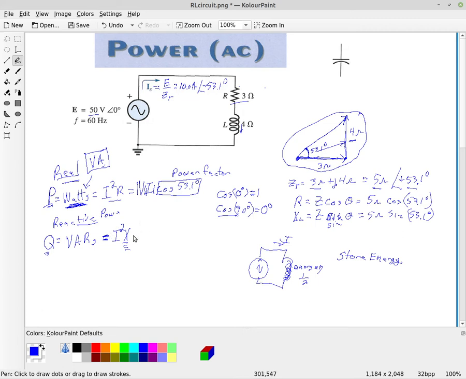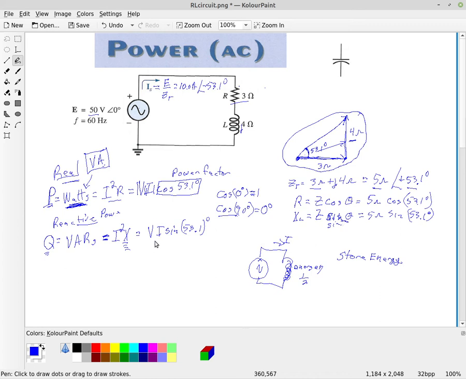You can calculate that by using the magnitude of your voltage times the magnitude of the current times the sine of that angle. Just like we had over here, the resistance was the total impedance times the cosine, and the reactance was the total impedance times the sine.